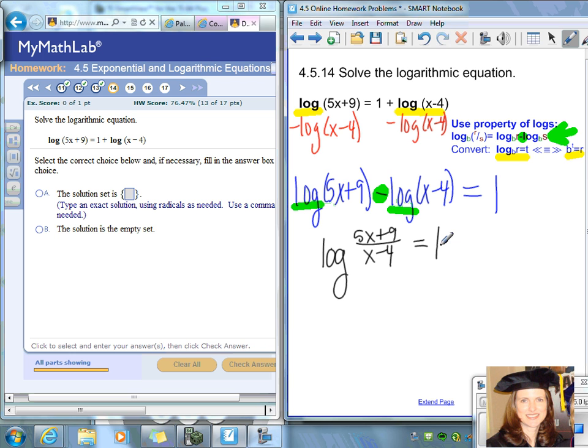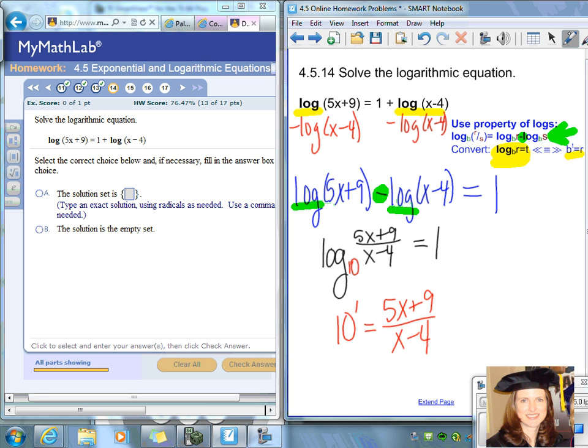Now we have a logarithmic equation in the form log base b of r equals t. You don't see it, but there is a base here. Anytime you see log without a base, we know automatically that the base is 10. That's the common logarithm. Now we can convert to exponential form. The base is 10, the exponent is 1, and that has to equal the argument 5x plus 9 over x minus 4.